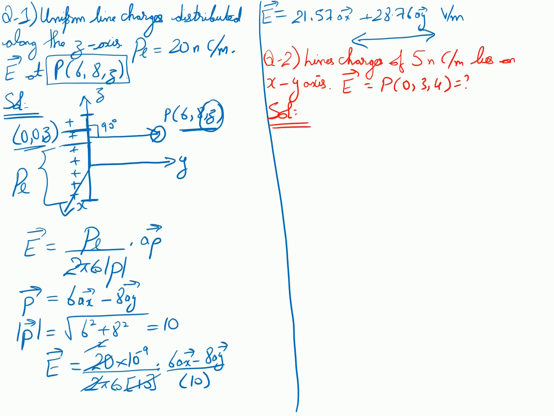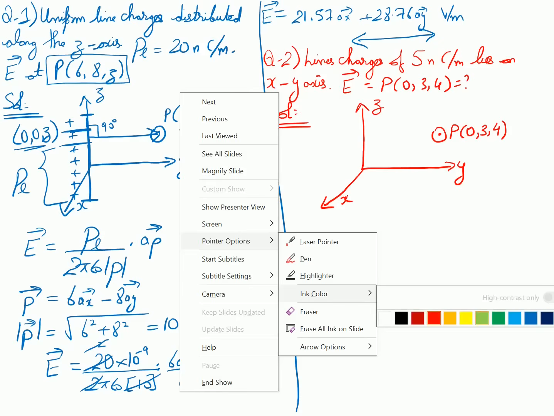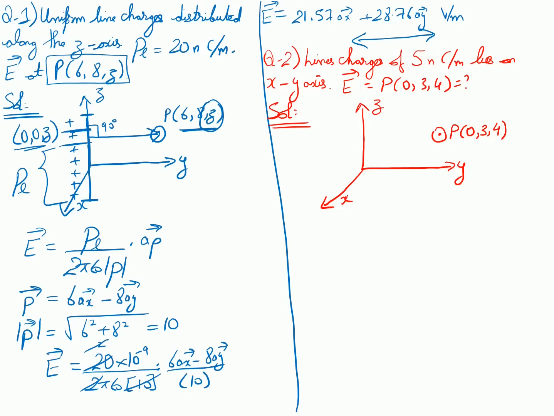Again, we have not been given the off axis line. So when I draw the axes, this is my axis, again y, z and x, and this time my point is somewhere over here, let's say 0, 3 and 4. This is the point I have. Now I need to draw my lines. Let us say my infinite lines are along the x and y axis.